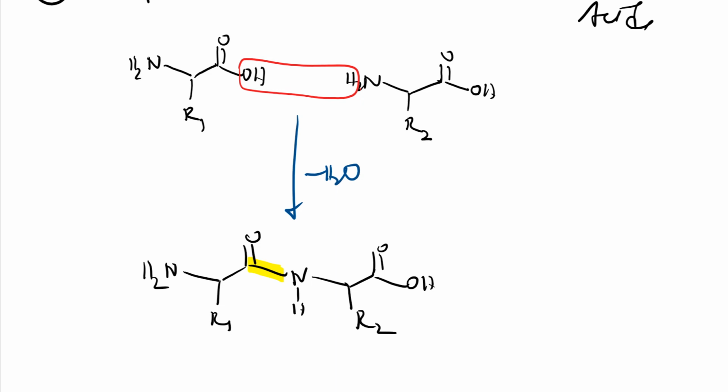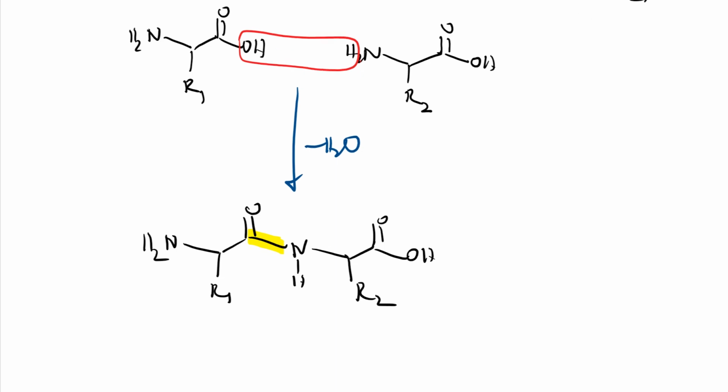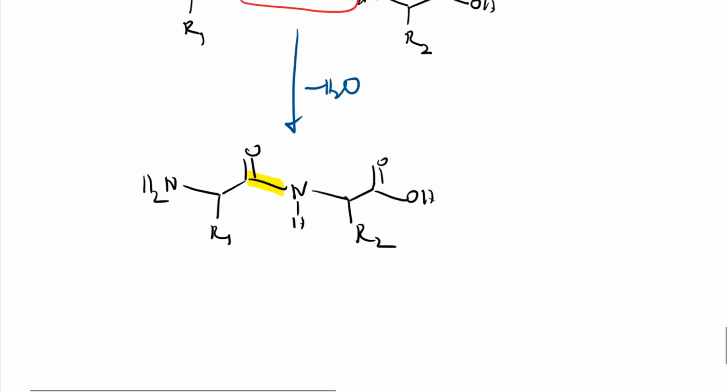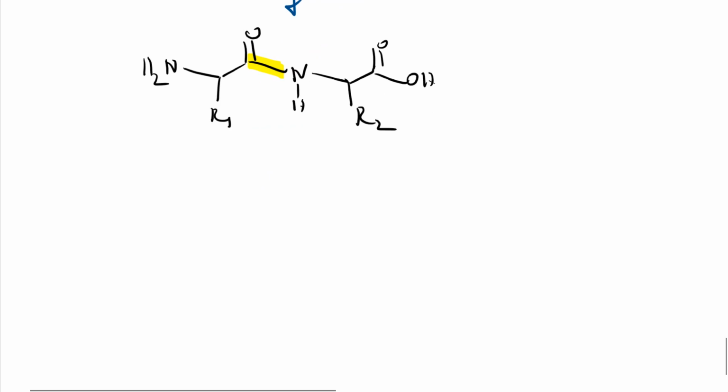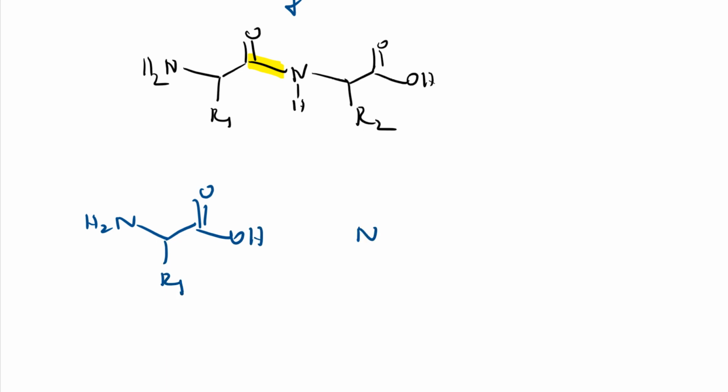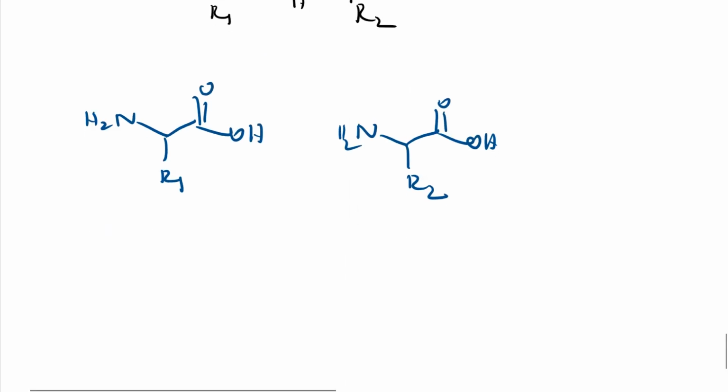How do we synthesize this peptide bond? Using DCC. Let us discuss that. So what I will do, same thing: I will take these two amino acids, this one, and here one more amino acid. Here let me put R1, NH2, COOH, and let me put here R2, two amino acids. This is also an amino acid, and this is also an amino acid, right?